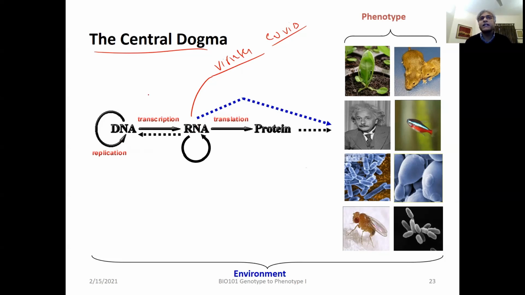Many viruses, hepatitis C as well. Hepatitis C virus is also an RNA virus similar to COVID, plus strand RNA viruses. But there are also viruses like AIDS viruses, HIV, which have RNA that goes back to DNA, so it has a DNA intermediate in its life cycle, then goes back to RNA and then protein. So there are exceptions to the central dogma as well.